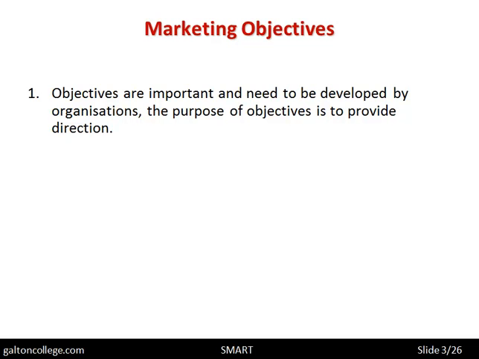Now, objectives are important and need to be developed by organizations. The purpose of objectives is to provide direction. Without objectives, the organization will be drifting. It will perhaps be inconsistent in its decision making. It will contradict itself.